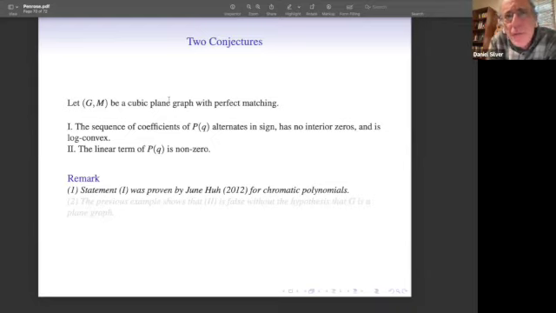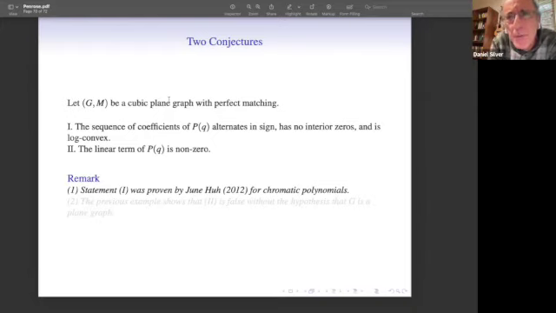It really turned out to be the fact that the chromatic polynomial is what's called a characteristic polynomial of a matroid that is representable over a field of characteristic 0. And if one can show that for the PK polynomial, then conjecture 1 would follow.